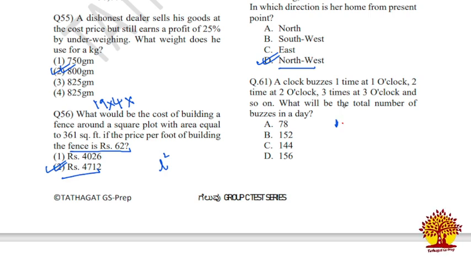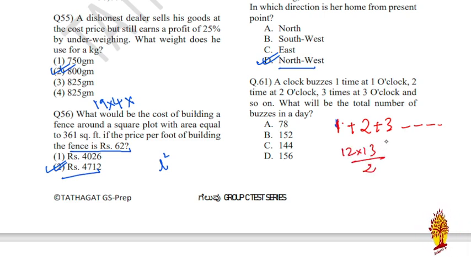Okay, one time at 1 o'clock plus 2 times at 2 o'clock, like that it will go on up to 12 hours. What will be the sum of this? n into n plus 1 divided by 2, 12 into 13 divided by 2. 2 sixes are 12, 13 into 6 is 78. But they have asked what will be the total number of buzzes in a day.